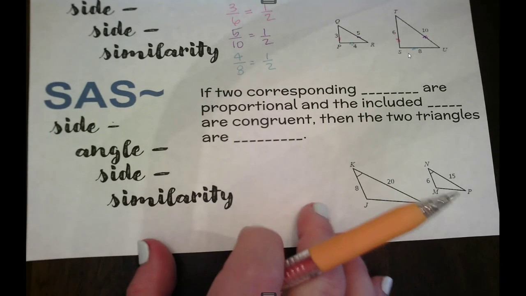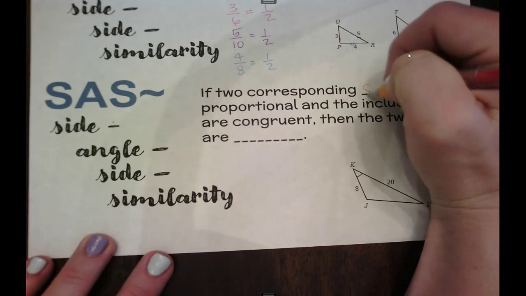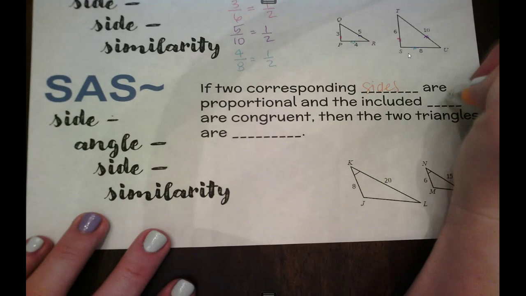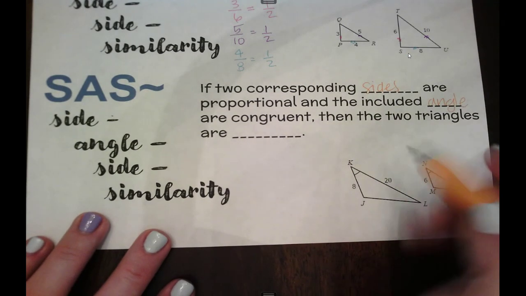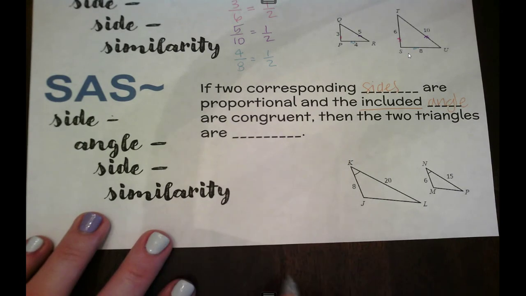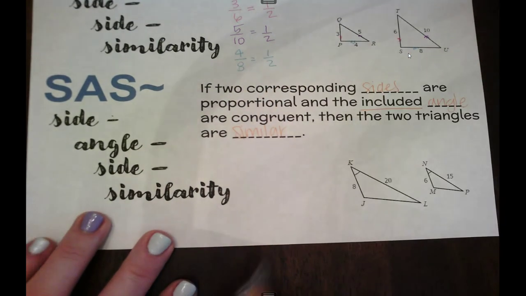Okay, then we have side, angle, side. So if two of our corresponding sides are proportional, and the included angle, which means it's got to be in between those two sides, is congruent, then the two triangles are similar.